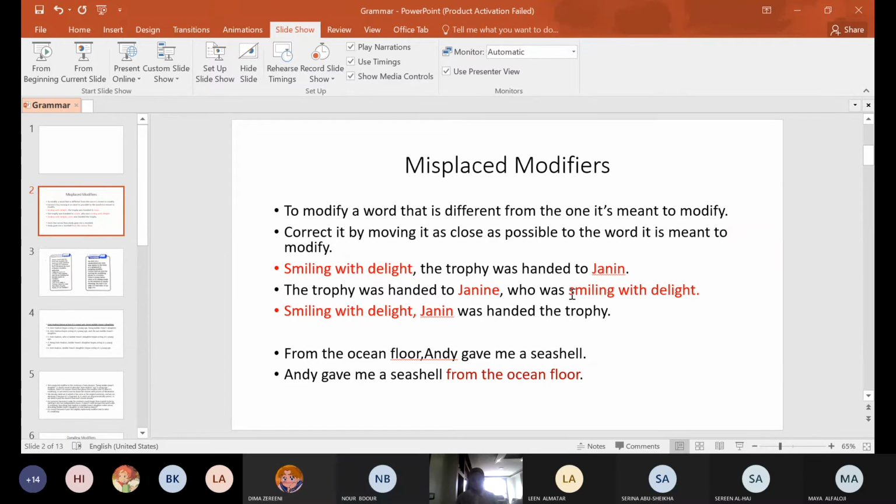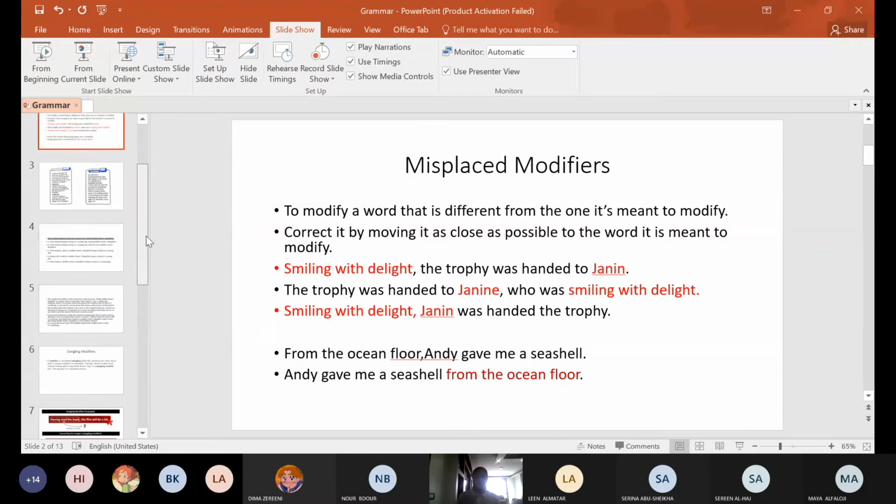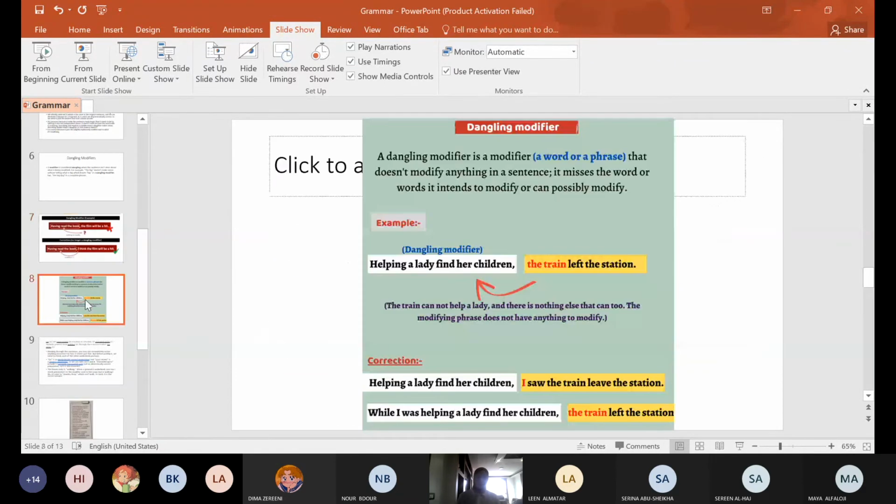So we solve the dangling modifier, page 231, exercise 11. Number 1: here I have a dangling modifier, a modifier with nowhere to modify.